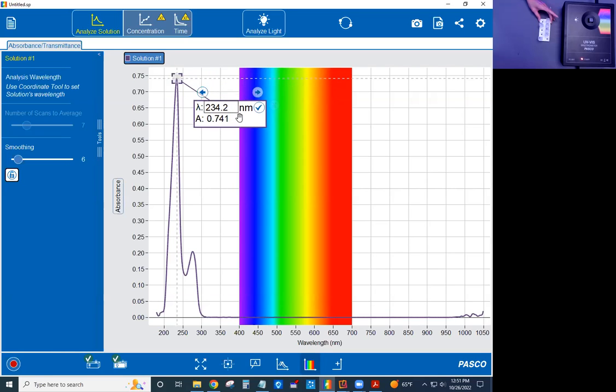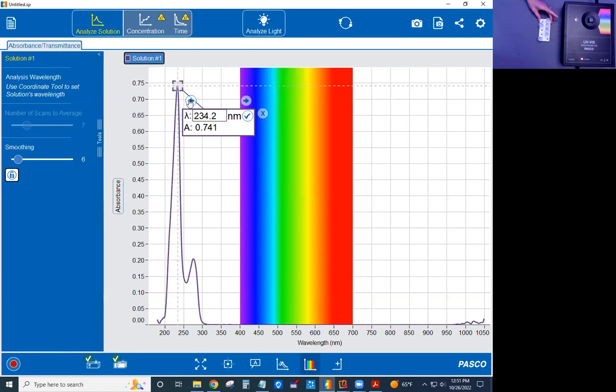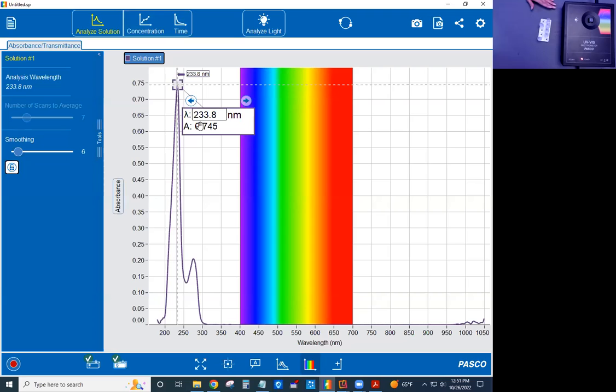Now I want to move the box down, and I can nudge using the arrows on the left and right above that box to get the maximum absorbance. Right now it's 0.741. That's a little bit higher, 0.745. Okay, it looks like the true peak is 0.745 absorbance. And that wavelength is 233.8, and that's awfully close to 229 like we expect. So that's great. We can verify that this is indeed acetylsalicylic acid in here, and I click the check mark.